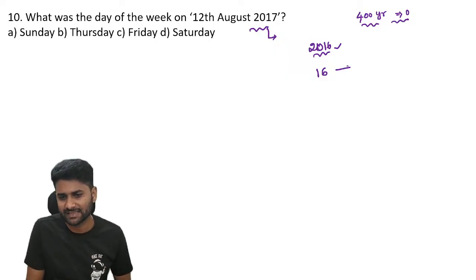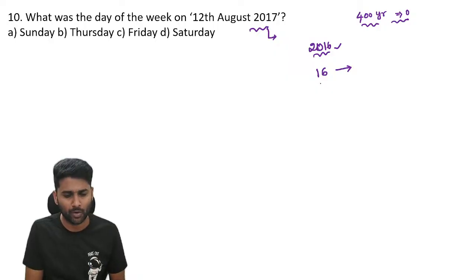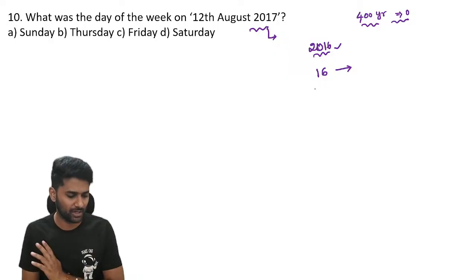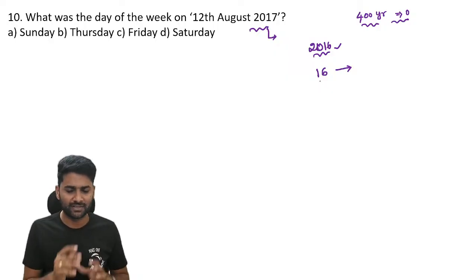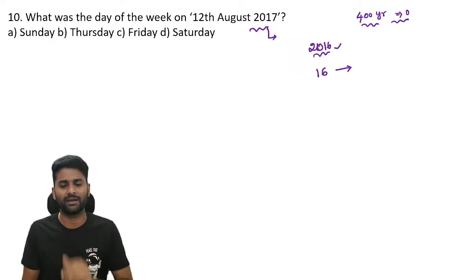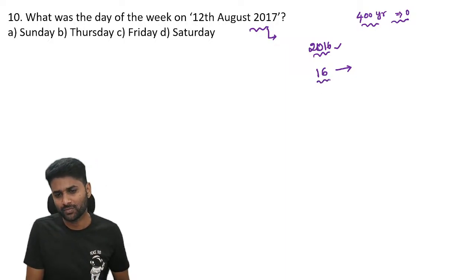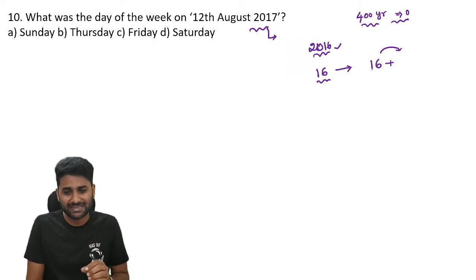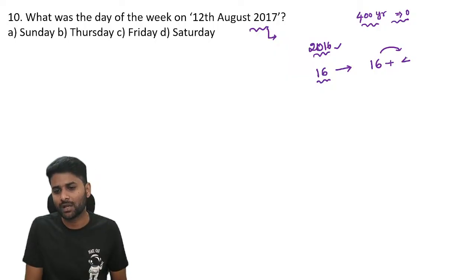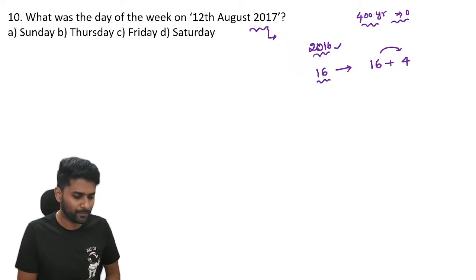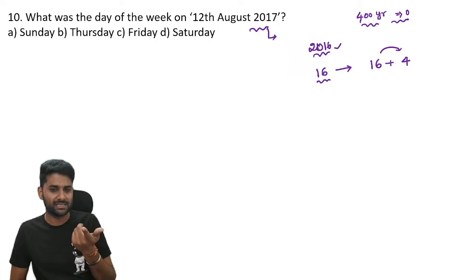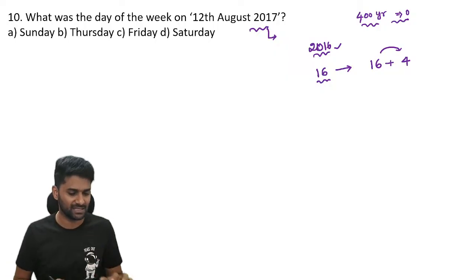For the 16 years, guys, it is a combination of leap years and non-leap years. As you know, the difference between a leap year and a non-leap year is exactly 1. It means whatever numerical they give, take that numerical and add the difference. So in 16 years, the total number of leap years is 4: 4 is a leap year, 8 is a leap year, 12 is a leap year and 16 is a leap year.